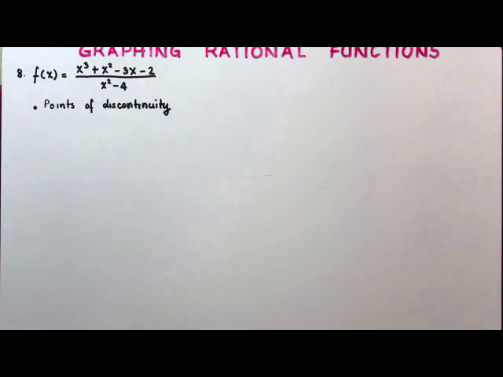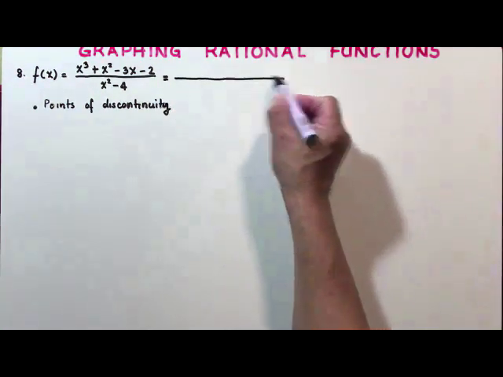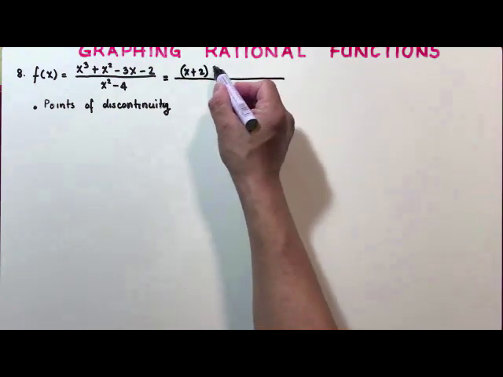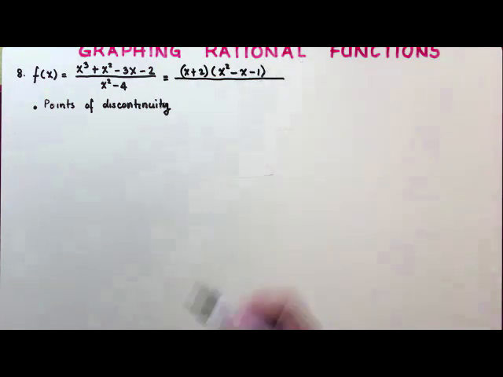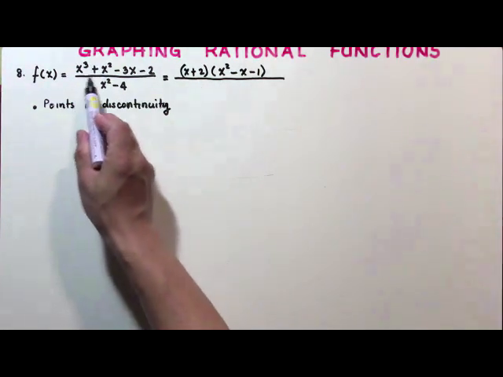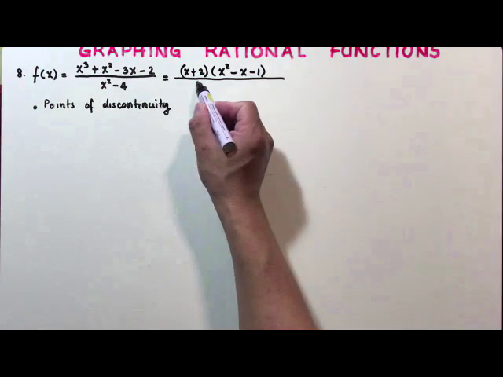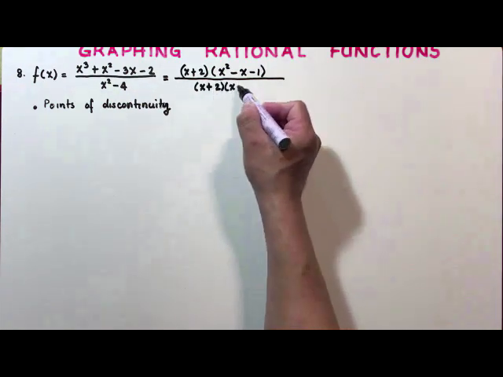Now, to find the points of discontinuity is to look for the common factors between the numerator and the denominator here. So factoring the numerator, we have x plus 2 times the trinomial x squared minus x minus 1. And you can check that when you multiply this trinomial by this binomial, this will come out. And also the denominator is a difference of 2 squares, so the factors are x plus 2 times x minus 2.